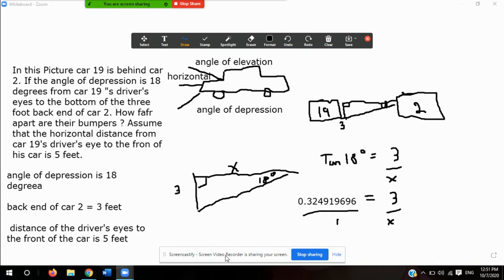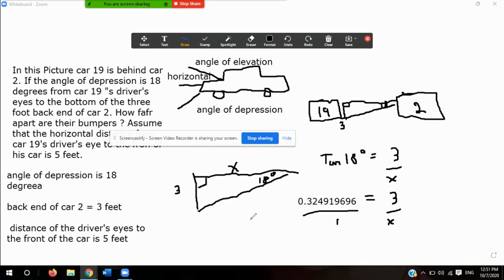If I multiply 0.3249 times x, which is what I'm going to do here, that's going to give me 0.3249 times x, because we multiplied it by x.